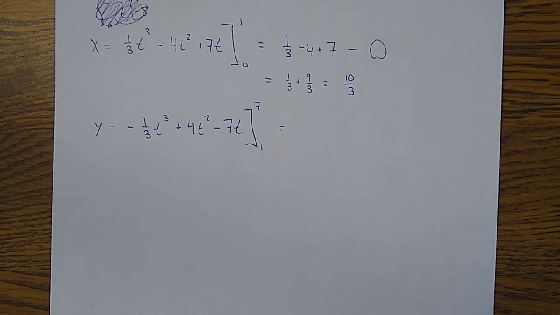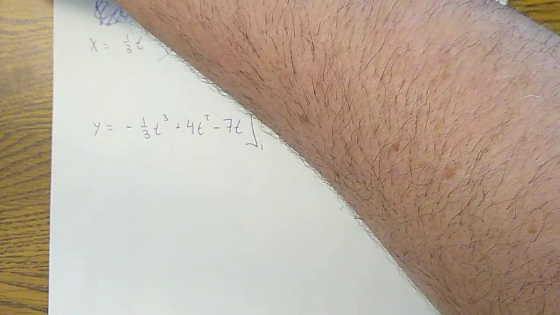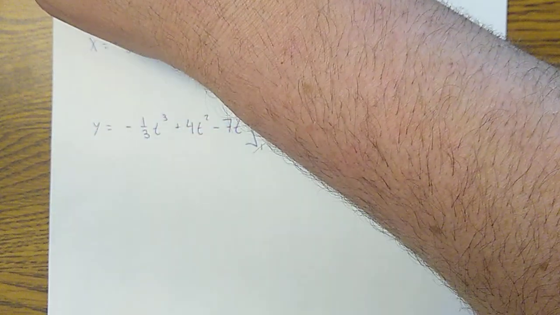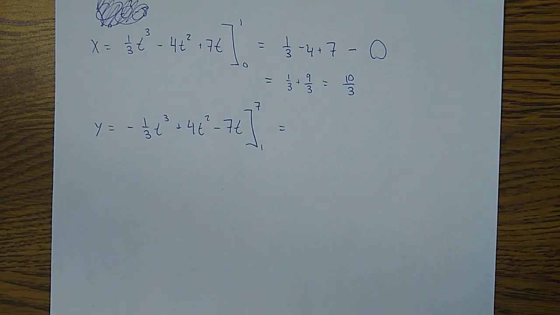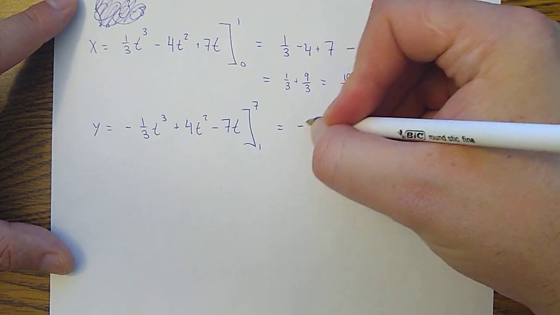Sorry, just a second. Okay. So apparently 7 cubed is 343.